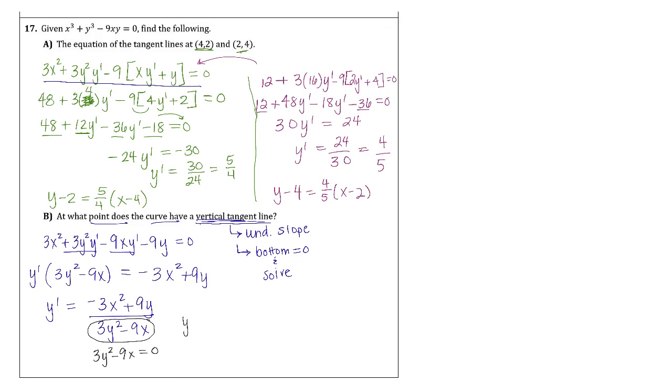We'll have to solve for x. That might be the best route here. So we're going to say y equals, well, I'm going to add 9x over, and then divide by 3, and then take the square root. It's going to be plus or minus, and 3 cancels into 9, the square root of 3x.